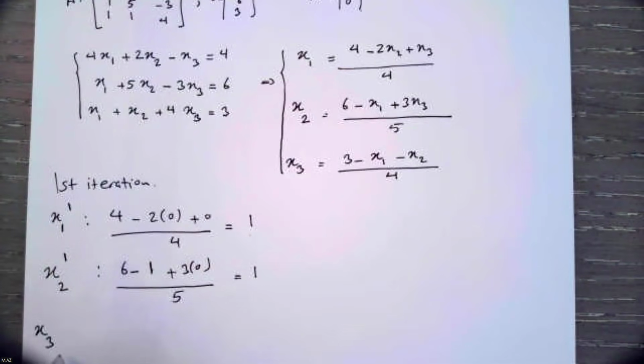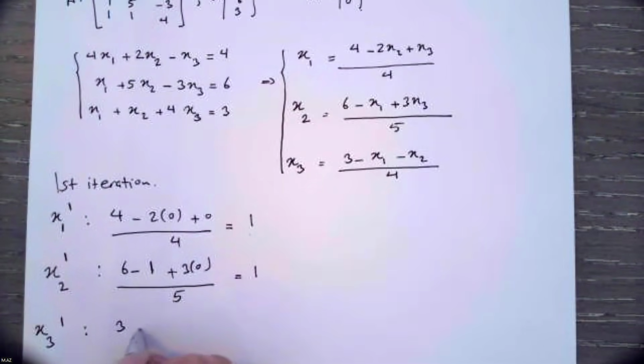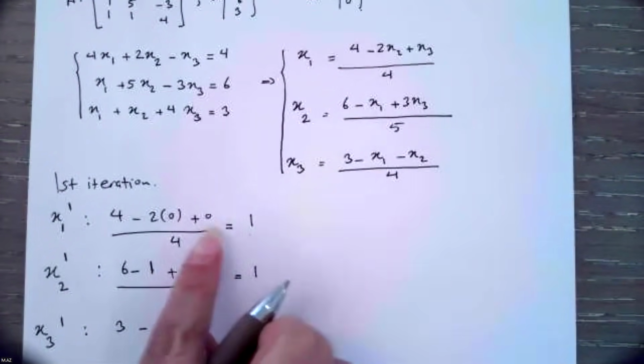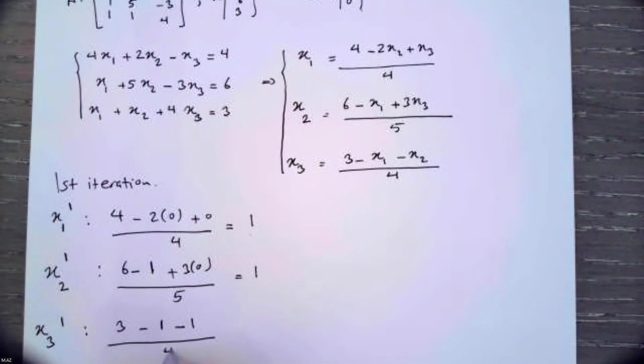The value of the x3 for the first iteration is 3 minus the updated value of the x2, over 4. The answer is 1 over 4.